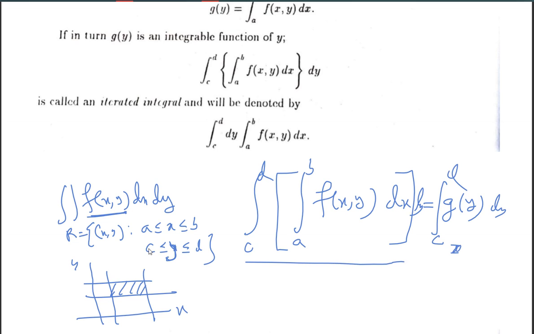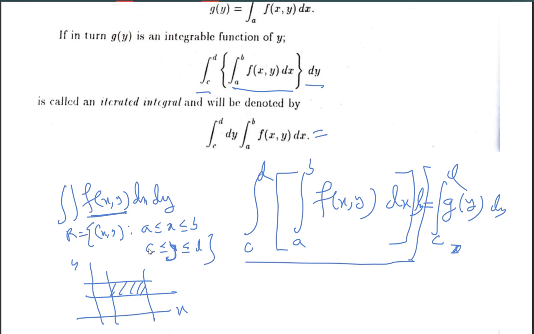So this is known as an iterated integral, represented as the integral from c to d dy of the integral from a to b f(x, y) dx. This means first integrate with respect to x, then whatever you get, you integrate with respect to y.